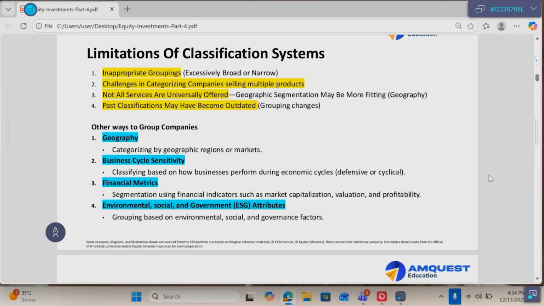Then we have financial metrics. We have like market capitalization. I gave you the example of Groww. So market capitalization is basically the total number of shares multiplied by the current market price. So we are able to calculate market capitalization. Then valuation is what we will learn. Profitability is, if you are commerce students, you would have learned about net profit, gross profit, operating profit, etc. Now, ESG investment is newly into trend.